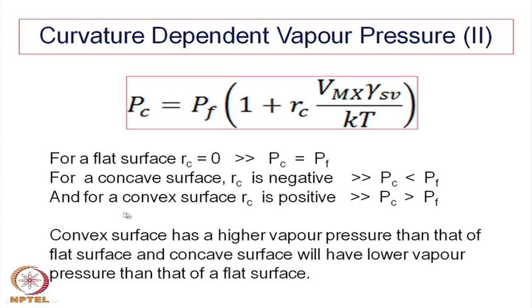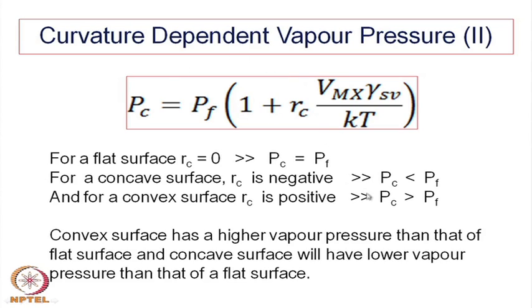On the other hand, for a convex surface Rc is positive, so that leads to Pc greater than Pf. On a convex surface the vapor pressure becomes larger than that on the flat surface, whereas on a concave surface it is lower. These are the two most important findings out of this analysis.